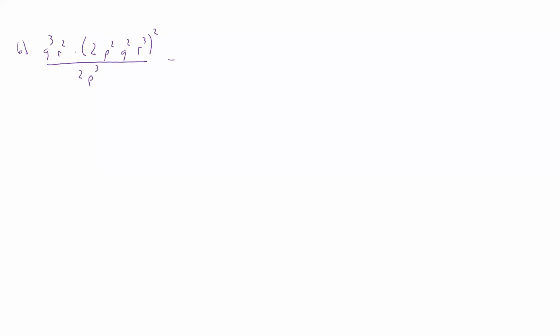All right. So what I'm going to do is I'm going to simplify everything in the numerator, and the denominator is as good as it's going to get for now. So let's leave the denominator as it is. So that's 2p to the third.